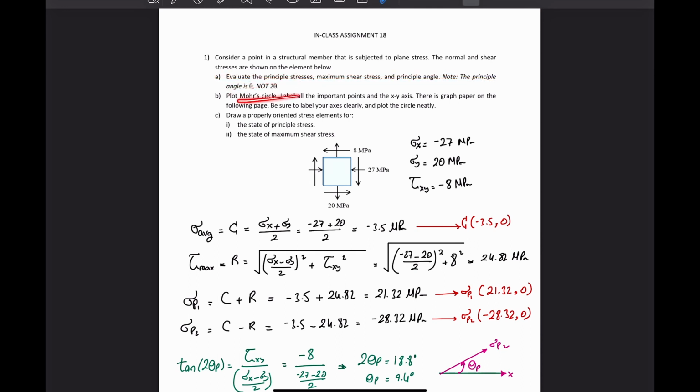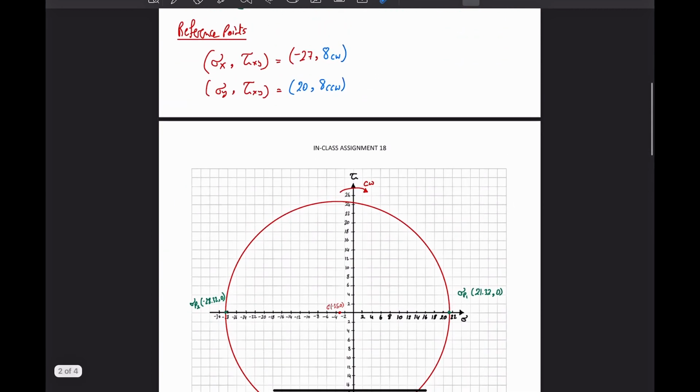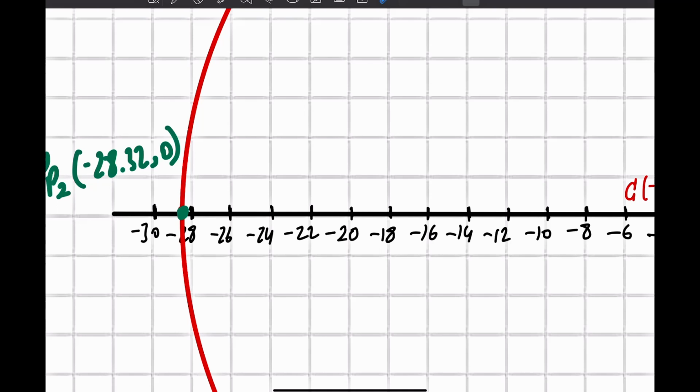Now we need to plot the Mohr circle and label all the important points and the XY plane. So where is the reference point on the Mohr circle? The first point is sigma x and tau xy. I have negative 27, which is about here, and then 8 clockwise.